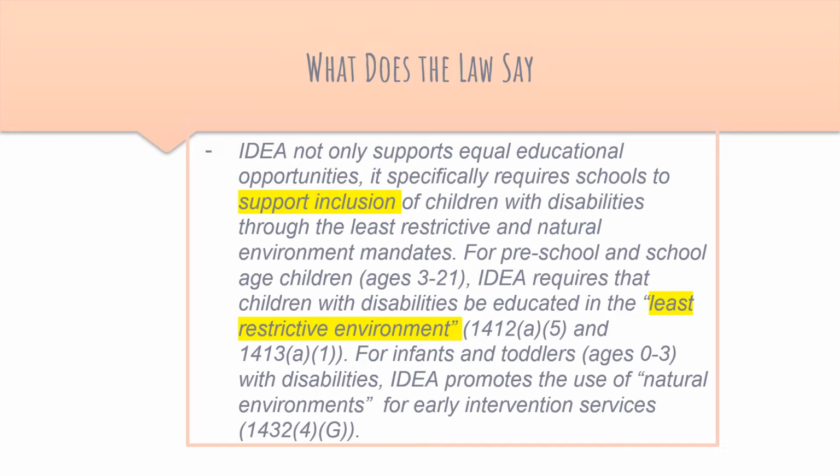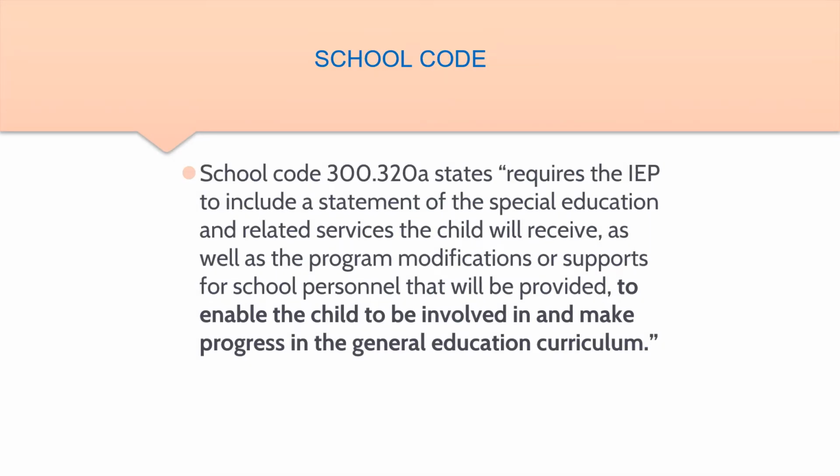So for early childhood, it's placing children in the same classroom with their typically developing peers. Our school code also states that the IEP will have a statement about the special education and related services the child will receive, as well as the program modifications and support.